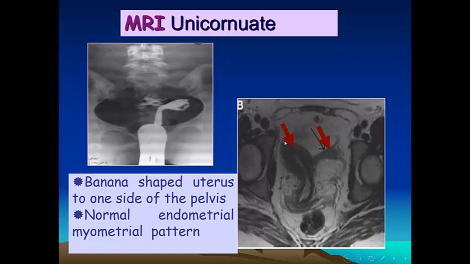So this is the tapering of the fundus. This is what we call on MRI a banana shaped uterus. This is the normal endometrium. Sometimes the unicornuate uterus may be unicornuate by itself, or it may be unicornuate with a rudimentary non-canalized horn, or with a non-communicating horn, where sometimes we find blood within, or a communicating small horn.